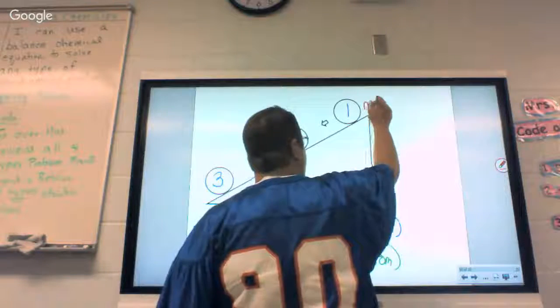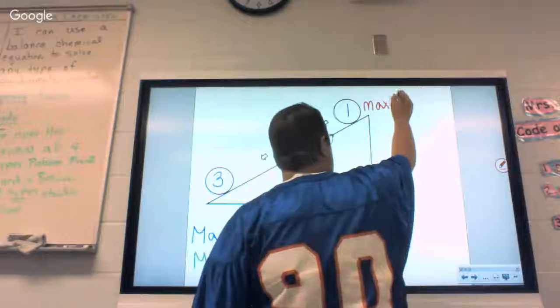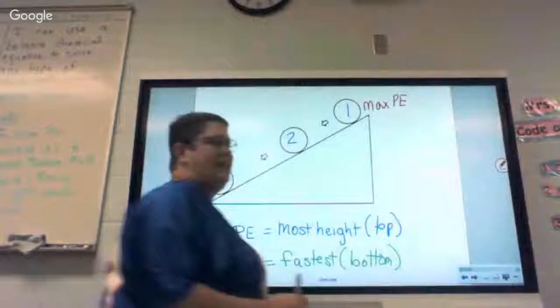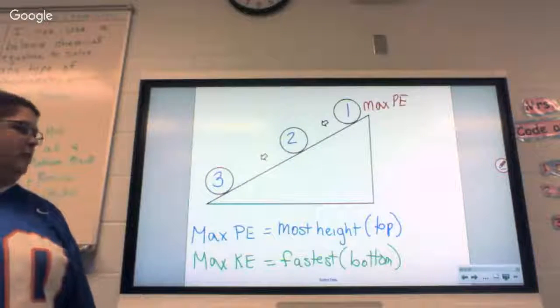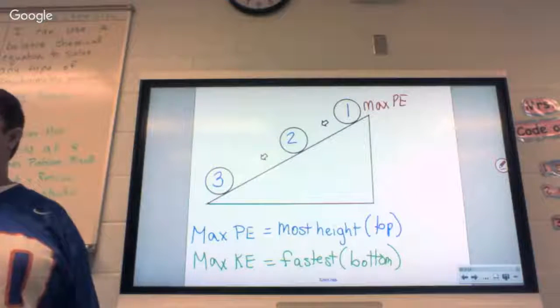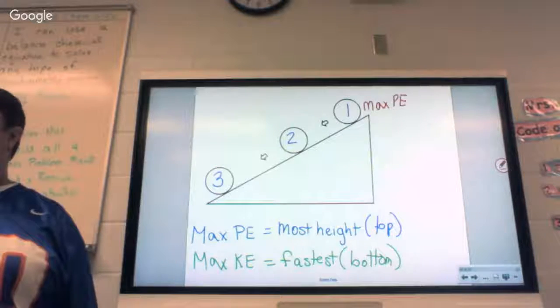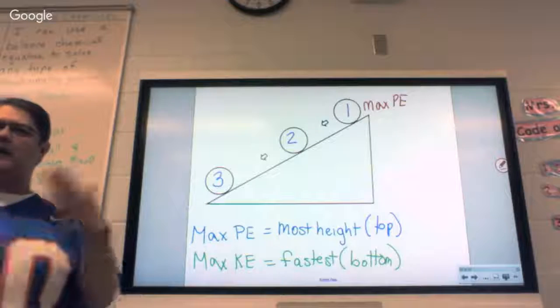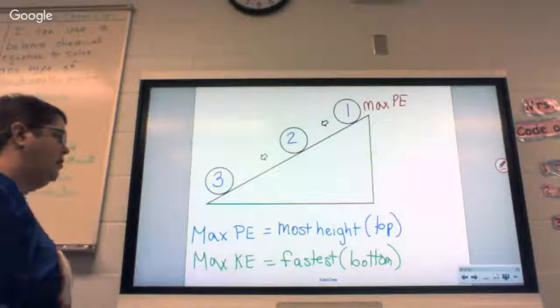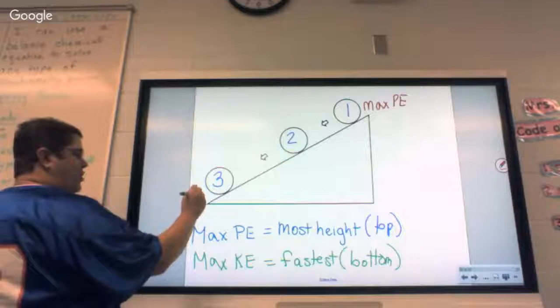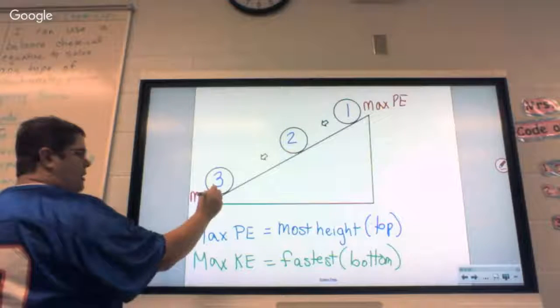Maximum potential energy is always at the top. All right? Maximum kinetic energy is always going to be at the bottom because that's where the object has gone the fastest. It's picked up the most speed. So maximum KE is going to be down here.